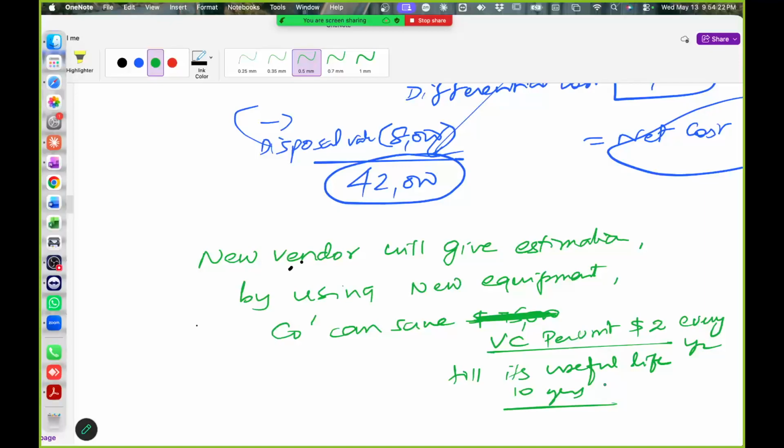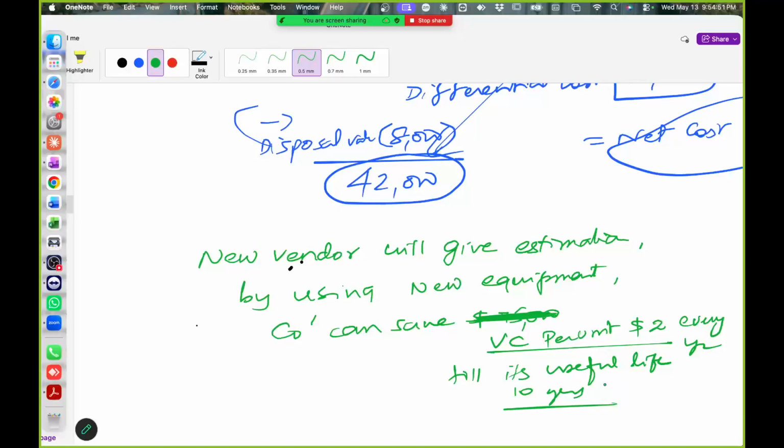Right now, if my variable cost per unit from the old machinery is $5, by going to the new machinery, I am going to save 2 out of 5. So these things get extra.